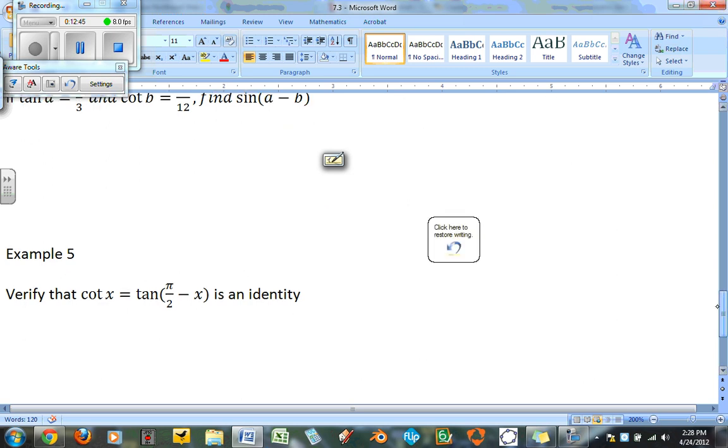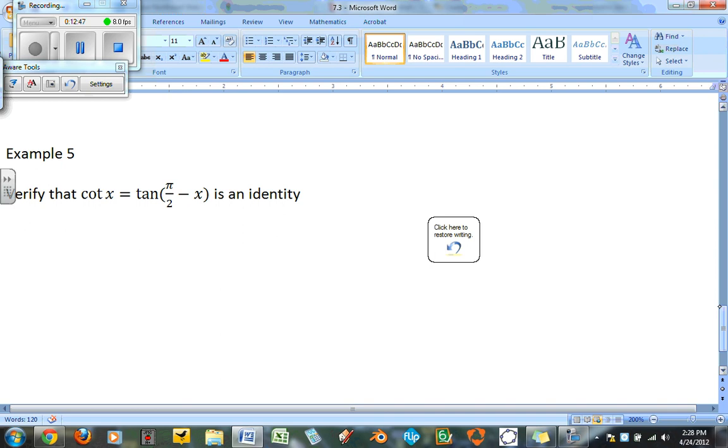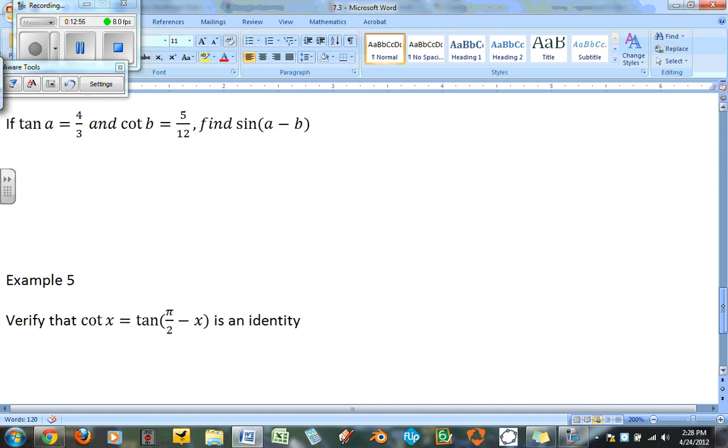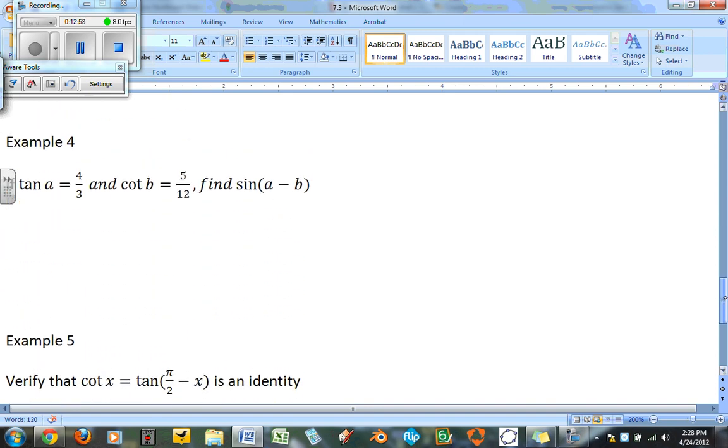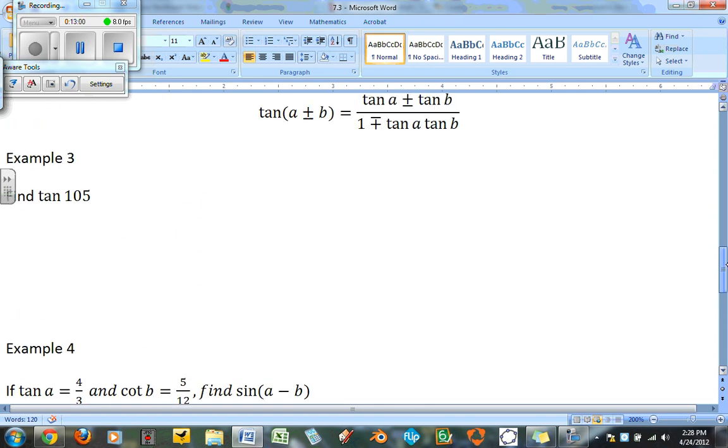Okay, and the reason for that is because of this last one right here: verify that cotangent of x equals the tangent of pi over 2 minus x. Verify that that is an identity. Okay, so we have tangent of pi over 2, or tangent of 90 degrees, minus x.